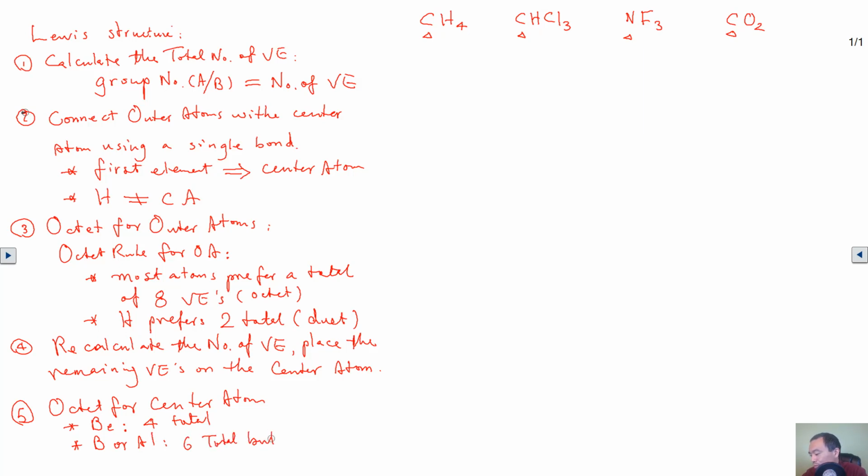But do remember, they can also take 8. 8 is okay for them. For all the other elements in the second row, they will take 8. They can never take more than 8, remember, for the second row.